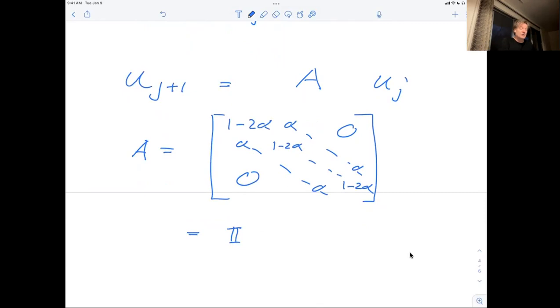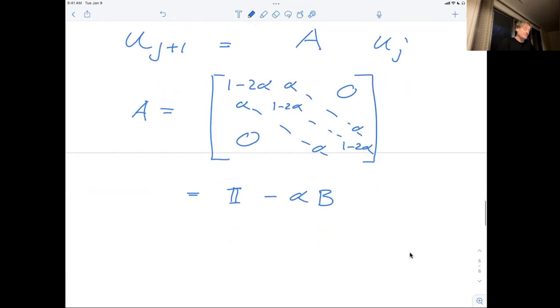And then we have an additional matrix, which we're going to call matrix B. So minus, sorry, not 2 here, but minus alpha times a matrix B. And this matrix B is now defined as 2 along the diagonal and minus 1 along the non-diagonals.